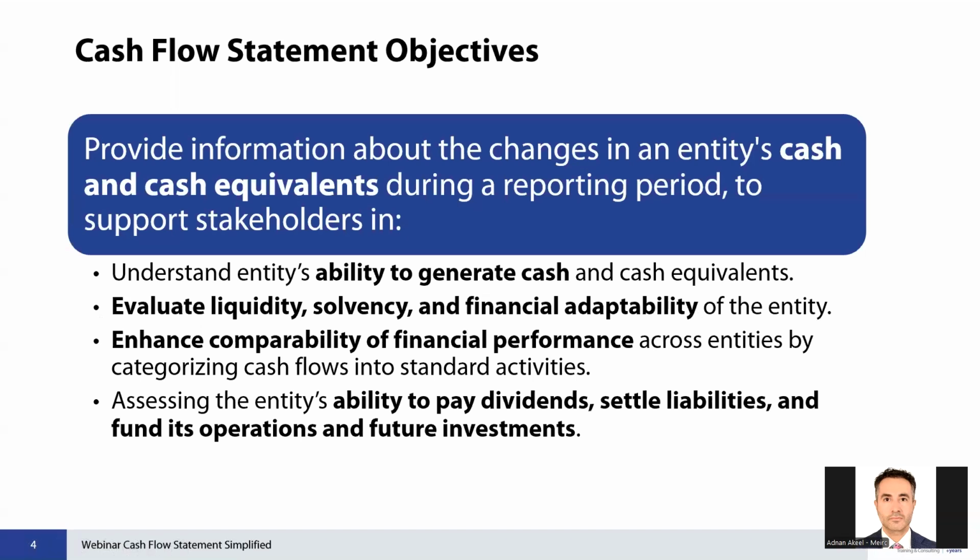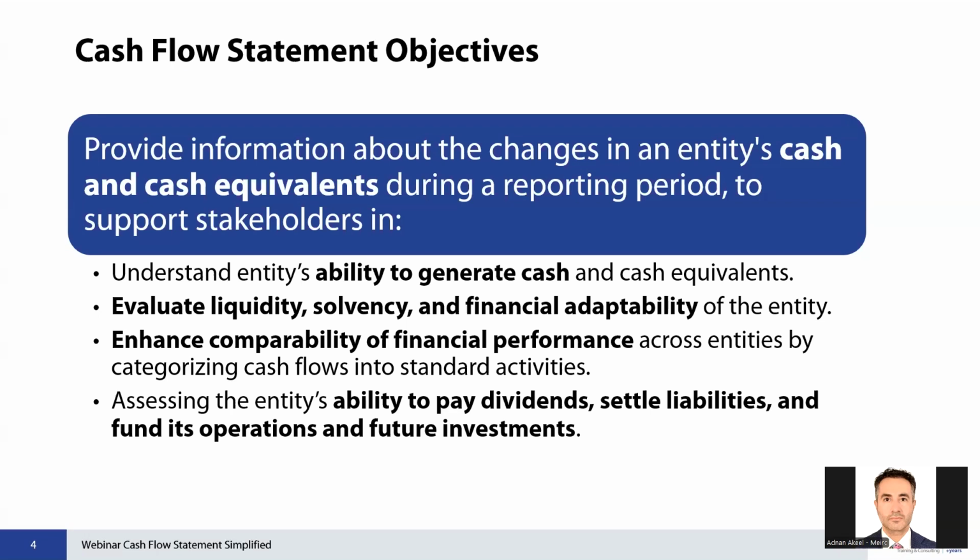Now, what is the cash flow statement about? Basically, it's a statement that summarizes the changes in the cash and cash equivalents that took place within a period. For example, if we started the year 2023 with cash and cash equivalents of $1 million, and the year ended with the cash balance increased to 1.5 million.